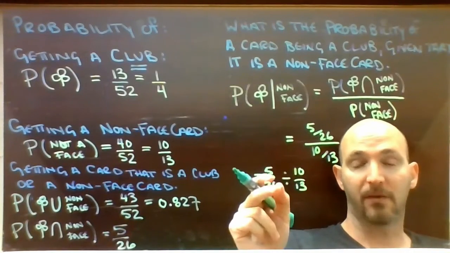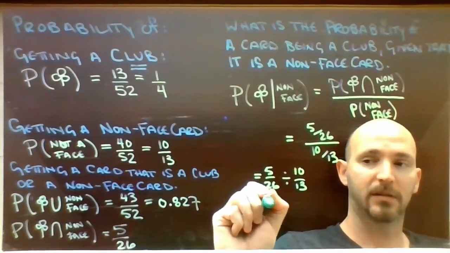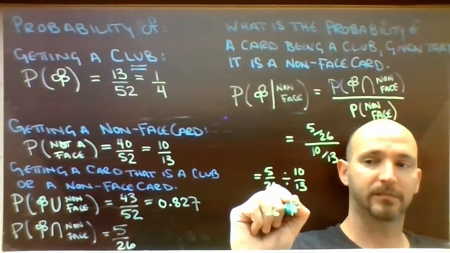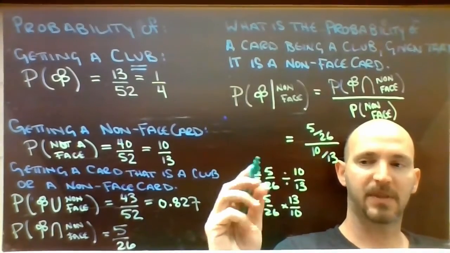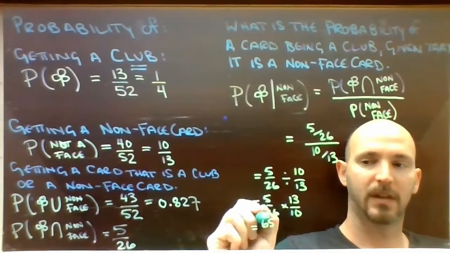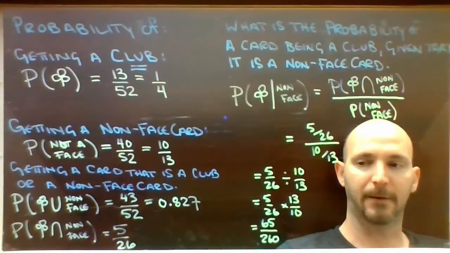I have a fraction divided by a fraction, so I'm going to write it this way. There's a rule you may have remembered from grade 5 where if you divide by a fraction, you invert and multiply. Well, 5 times 13 is 65. And 26 times 10 is 260.